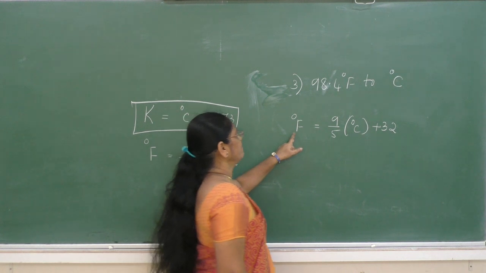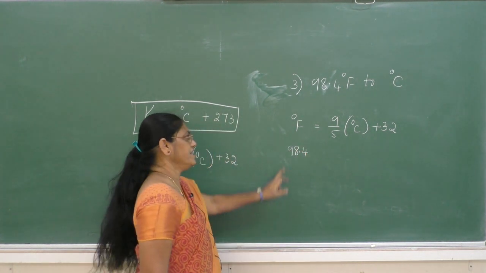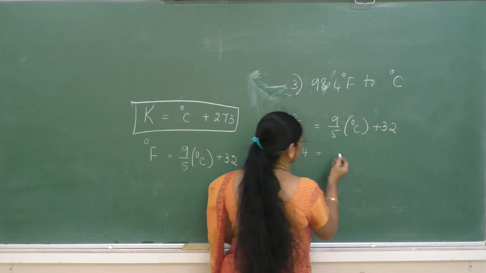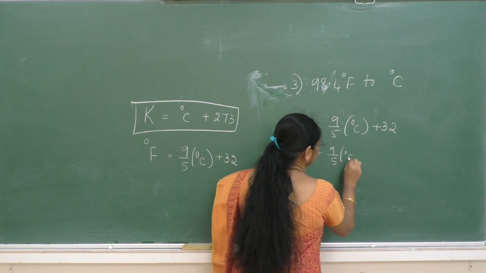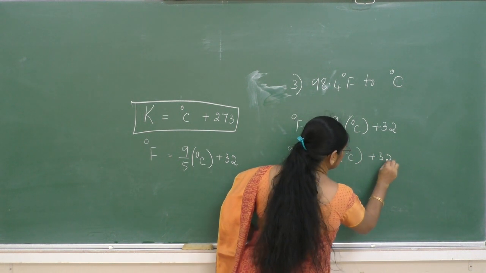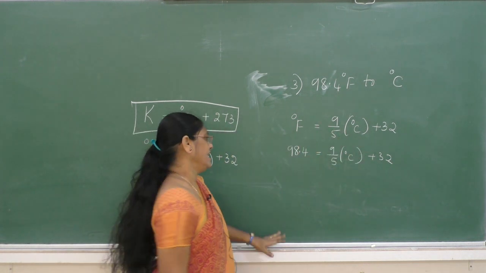Substituting degree Fahrenheit, 98.4 degree Fahrenheit is equal to 9 by 5 of degree Celsius plus 32. Now transfer this 32 to the LHS.